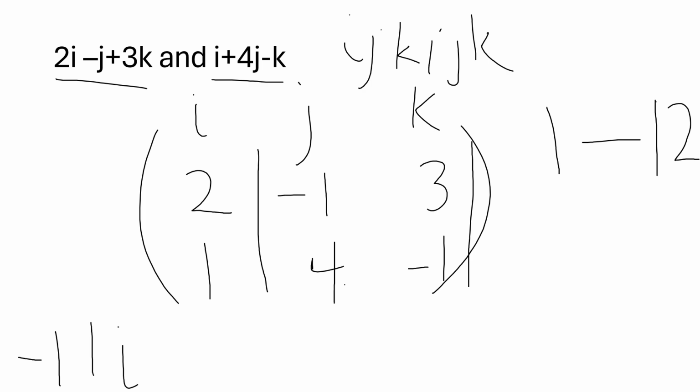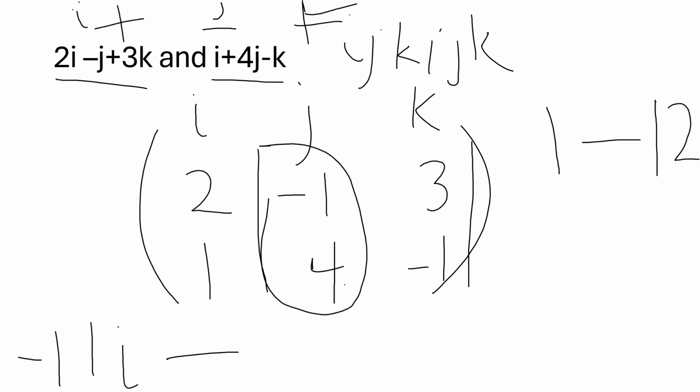That's all. Now, when you come to J, already we put a negative sign there. So it will be plus, minus, plus, where the plus is for I, J, K. So for the J, whatever we get, we negate it. Now this one is out. So we consider 2, 3, 1, negative 1. 2 times negative 1 will be negative 2, then minus 3 times 1.